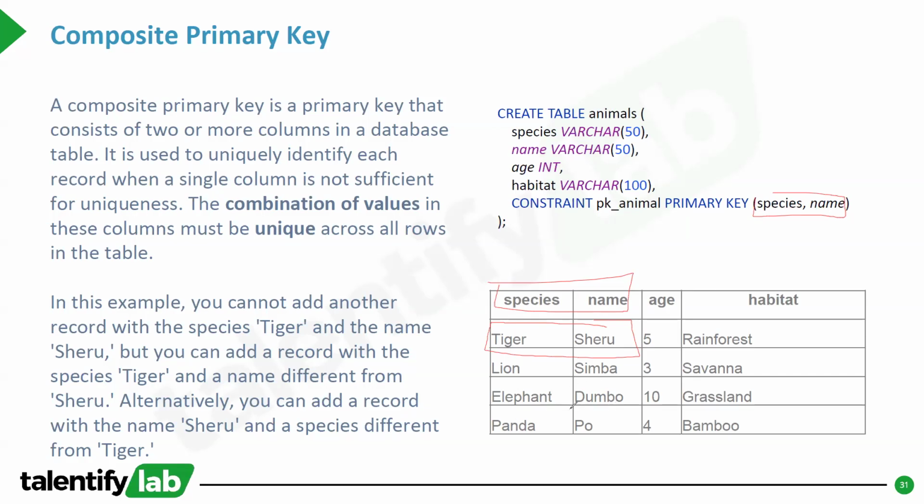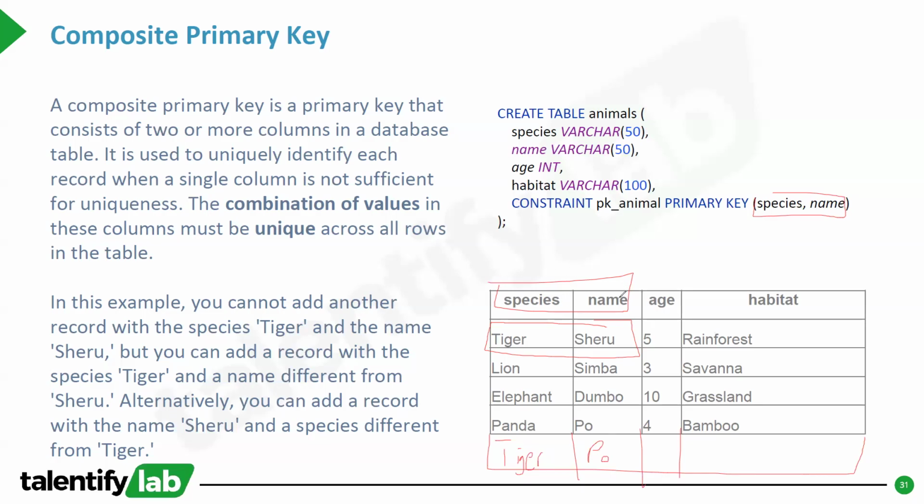If I want to add tiger one more time, yes, I can add tiger, but I cannot add Cheryl here because it exists. But if I want to add tiger paw, I can add it because there is no tiger paw here. We have paw here, yes, but no tiger paw.